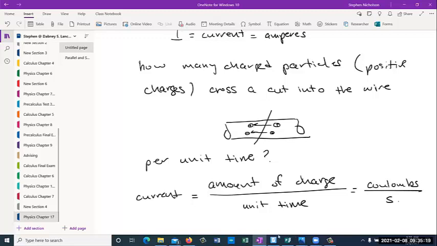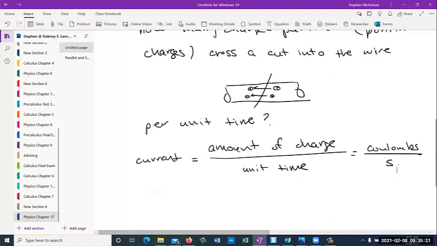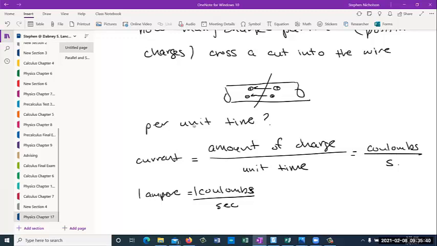That means that an ampere, which is charge per unit time, is defined as follows: 1 ampere is equal to 1 coulomb per second. So that's how an ampere is defined.